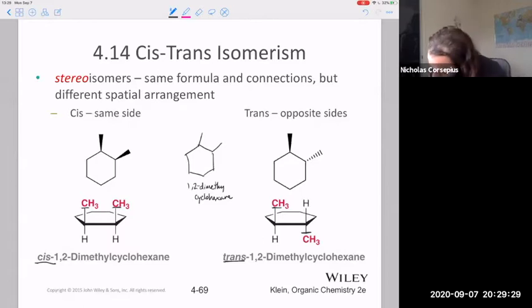So representing that they are both on the same side of the ring, we have both of these as wedges, meaning they're pointed out of the board. So the ring's flat, and then you have your substituents pointing out. Versus the trans isomer, which shows that they're in different directions. So one of them is pointed out of the page, and the other one is pointed into the page. So that would be the trans isomer.